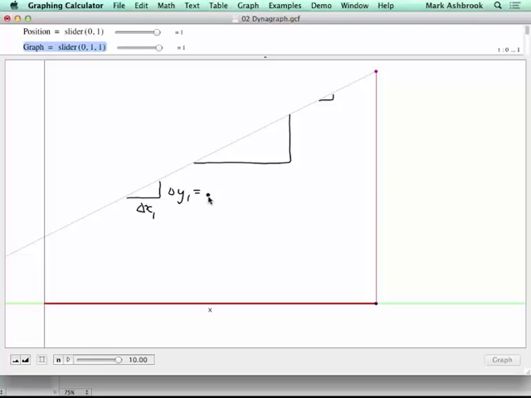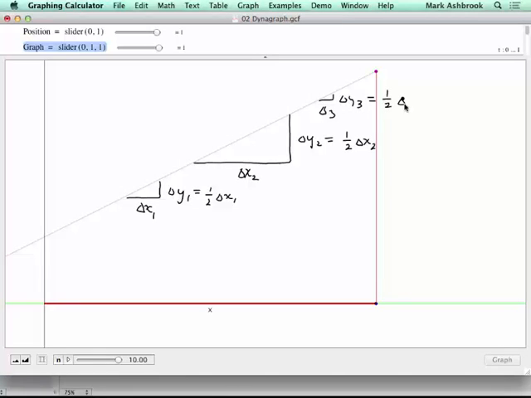How could you write an expression that would give us that corresponding change in y? And what's k? It's 1/2. Delta x2. How would you get delta y2? 1/2 delta x. Still 1/2. The relative size of the change in y to the change in x is always 1/2.